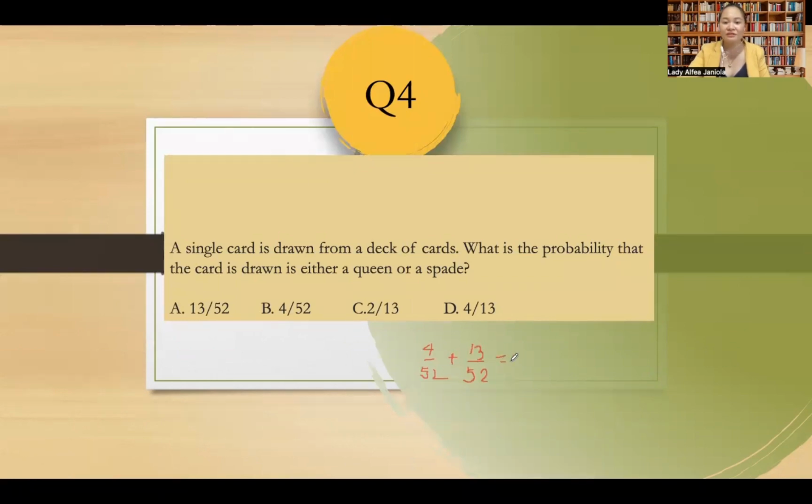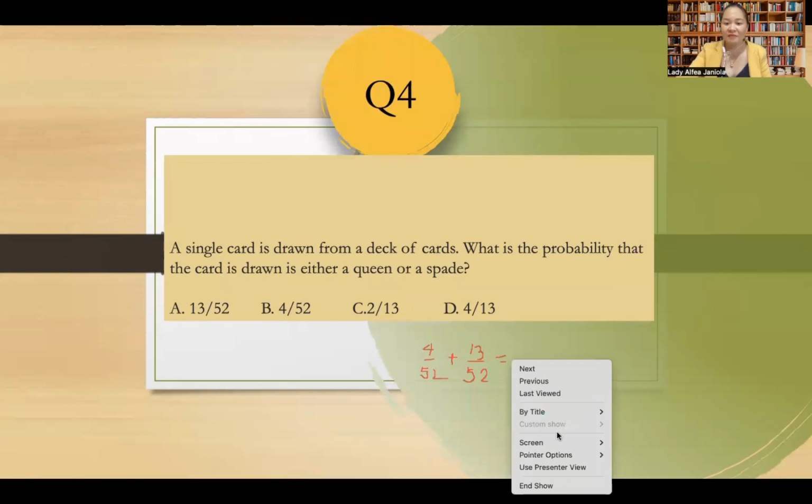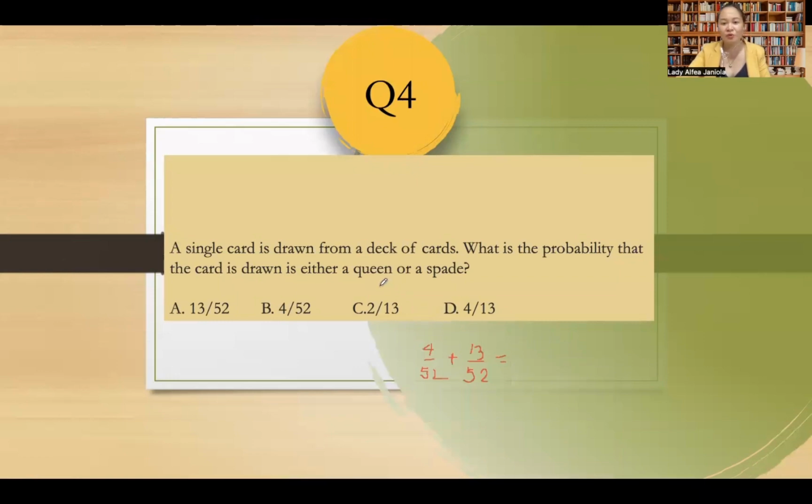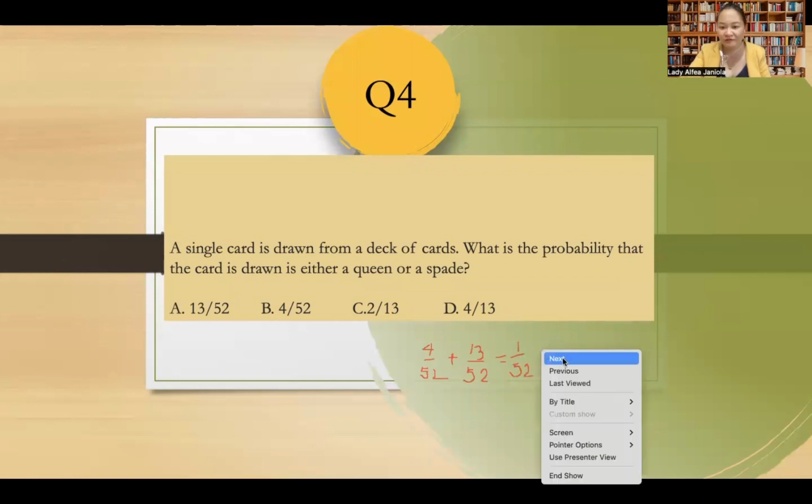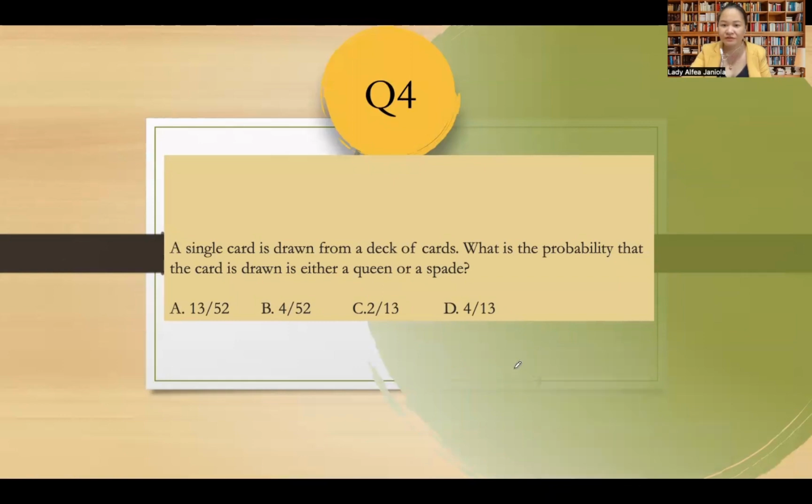So minus the common. We have a common queen of spades. So we have minus 1 over 52. I'll try to erase.